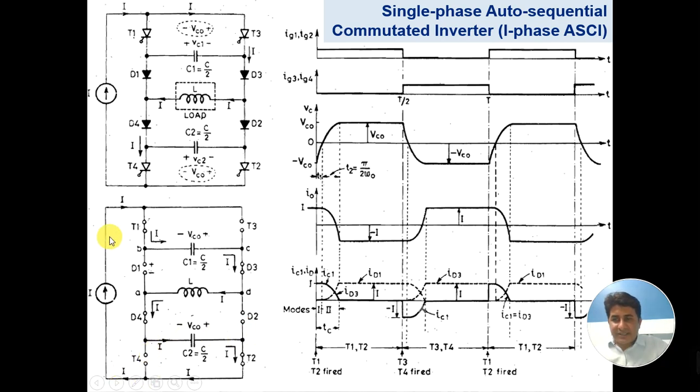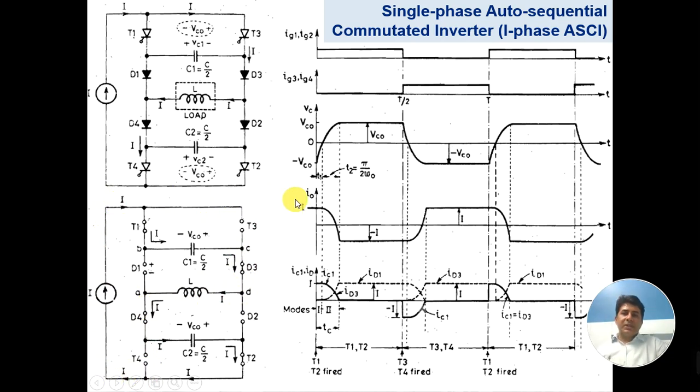And when the capacitor first discharges and then gets charged in the reverse direction, the ultimate circuit becomes T3, D3, load, D4, T4. This is the final conduction which happens during the next half cycle.